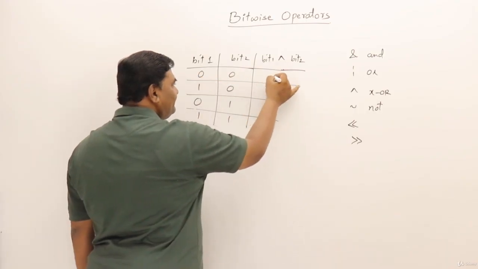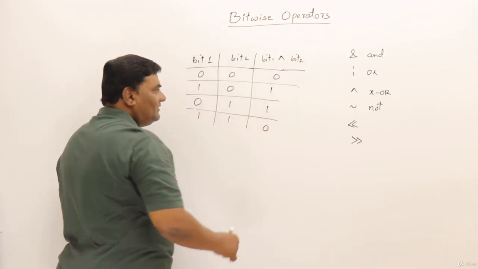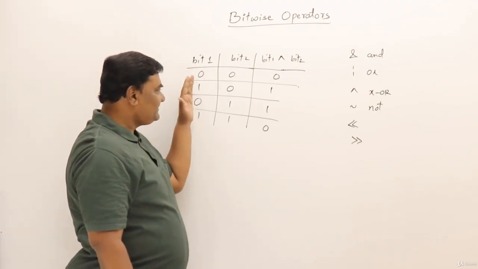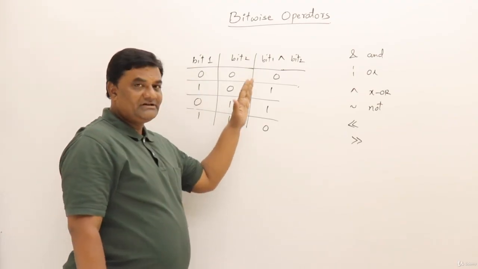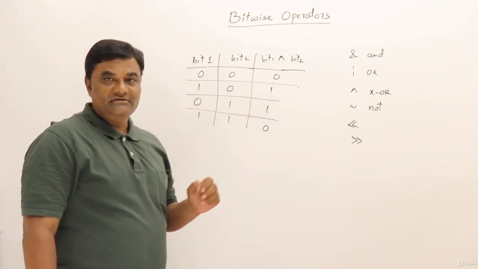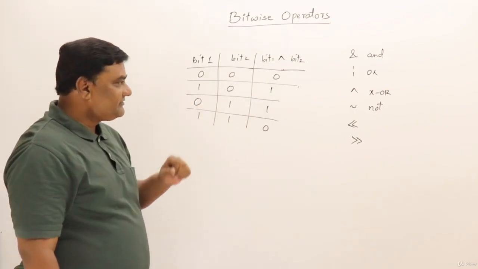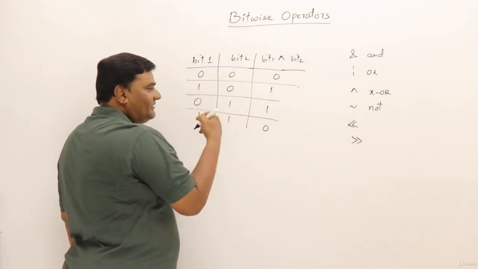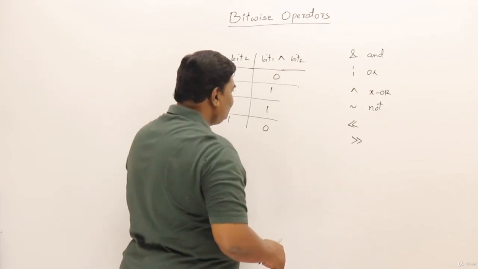If both bits are the same, then it will be 0. Exclusive OR means exclusively, if one is 1, then the other bit must be 0, or if one bit is 0, then the other bit must definitely be 1. So this is XOR. NOT means whatever the bit is, if it is 1 it will become 0, and if it is 0 it will become 1.